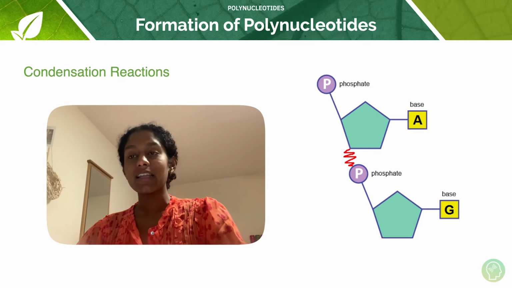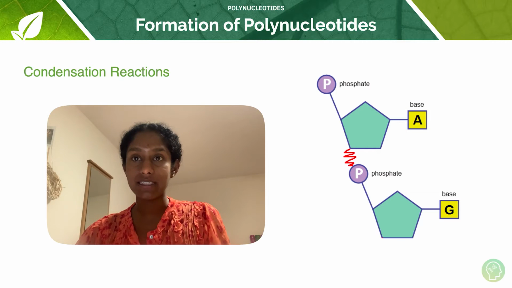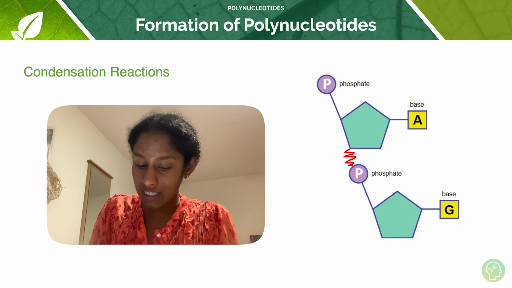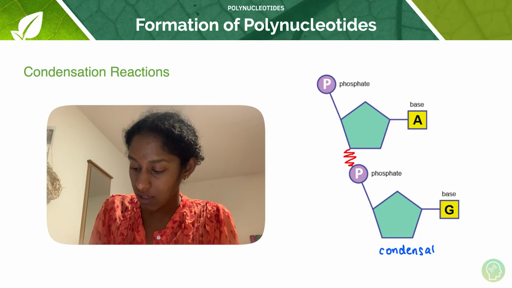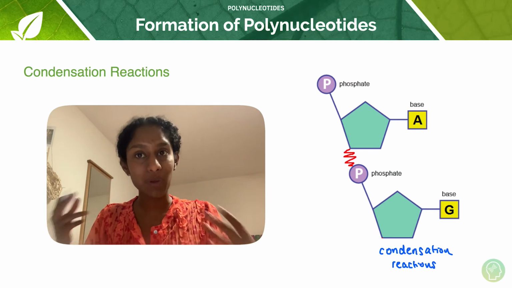So let's think about first of all how we form our polynucleotides. Multiple nucleotides are bonded together through condensation reactions. Now, we've met these before in various other tutorials where we've thought about how we join monomers together to form polymers.